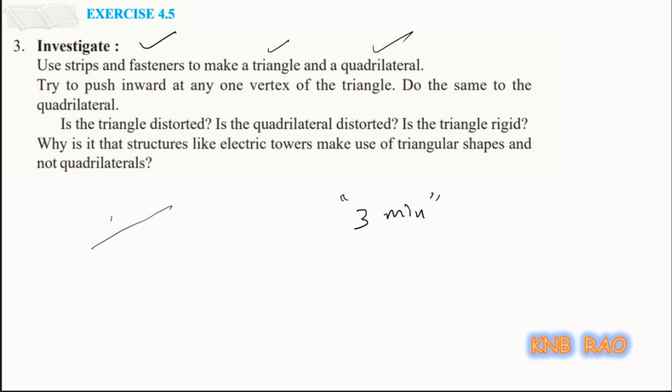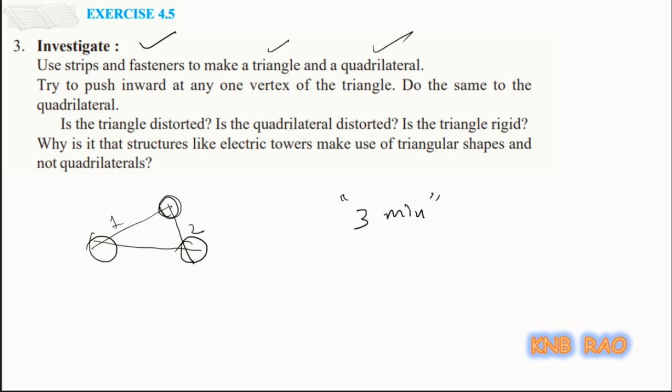Let's say pencil 1 and pencil 2 I have attached with the help of a rubber band, and pencil 3 and pencil 2, pencil 1 similarly attached with rubber bands. So this becomes a triangle formed with the help of strips and fasteners. And if you push them, you can identify the rigidness or distortion that took place in that shape formed. So you can infer some idea out of it.